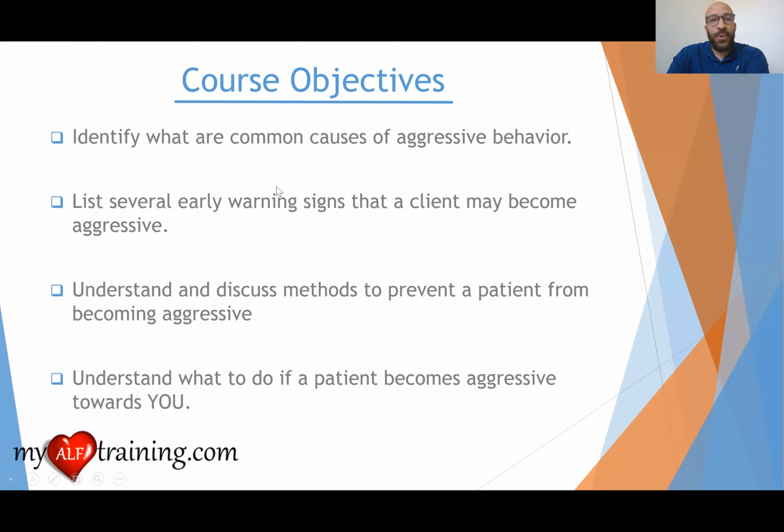So, just some course objectives to outline what we're going to be talking about today. First, I want to make sure that when you leave this course, you are able to identify common causes of aggressive behavior.